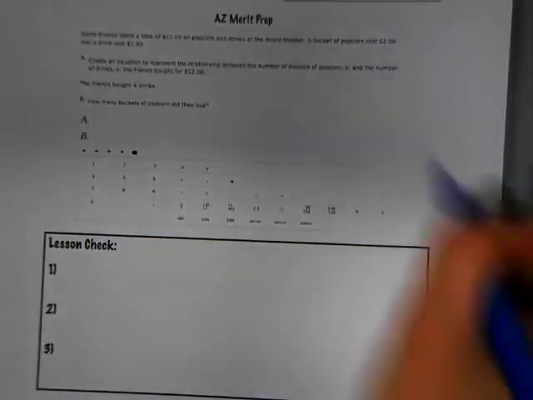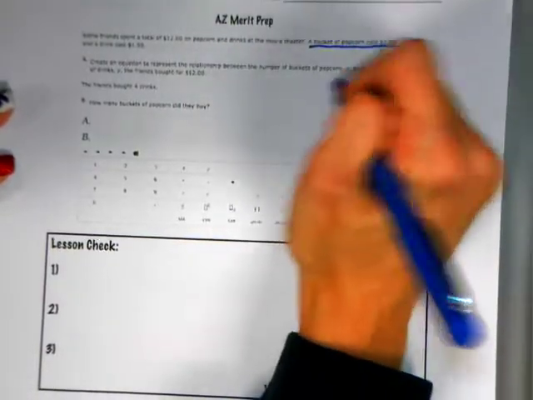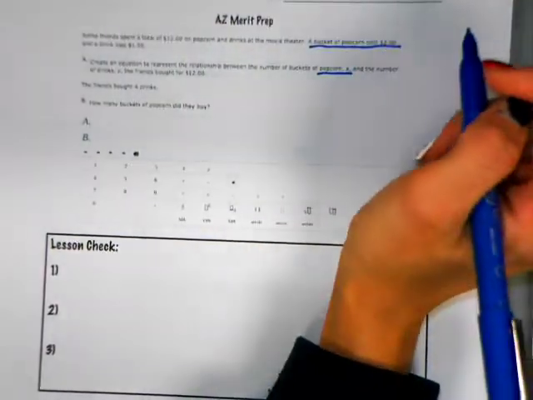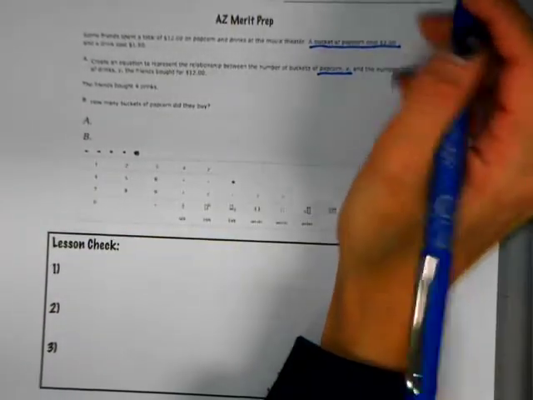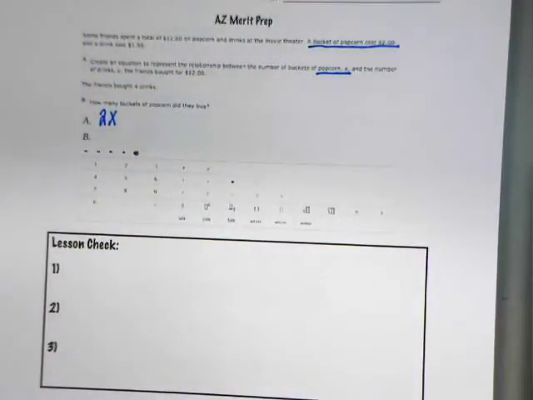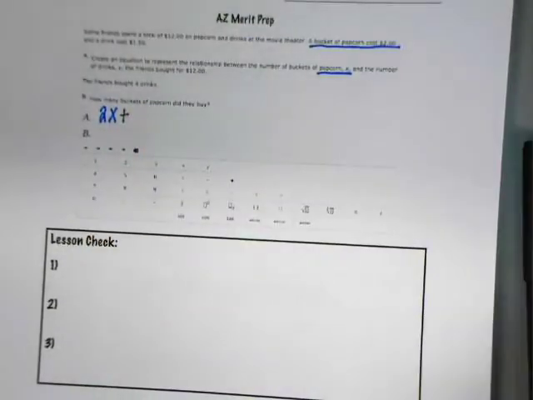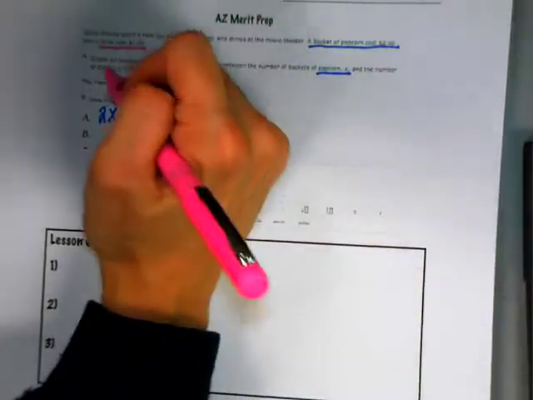So let's do, so a bucket of popcorn is $2 and buckets of popcorn is X. So how would I write that? 2X, yep. Okay, and then drinks is $1.50 and drinks is Y. So how do I write that?